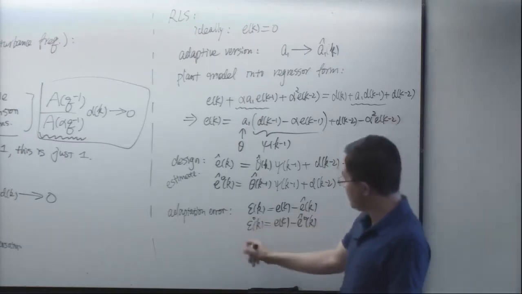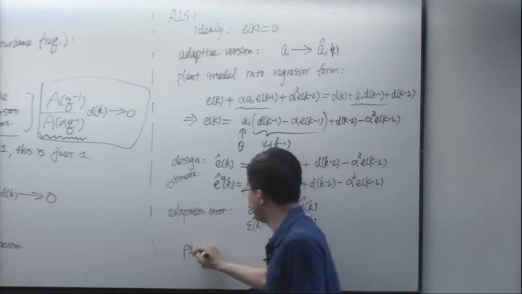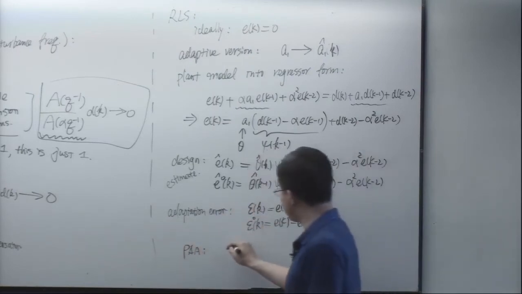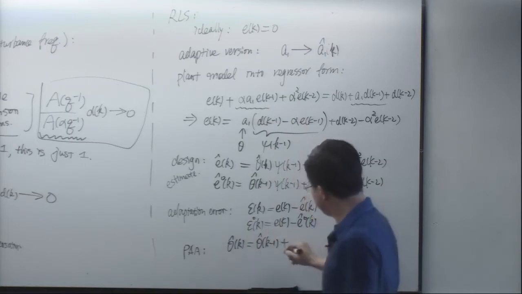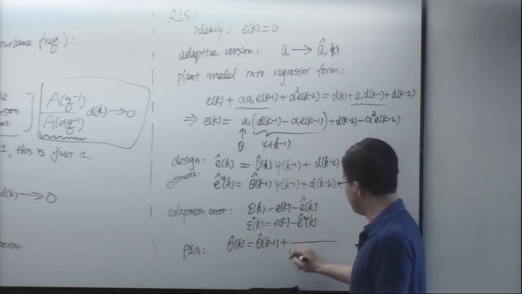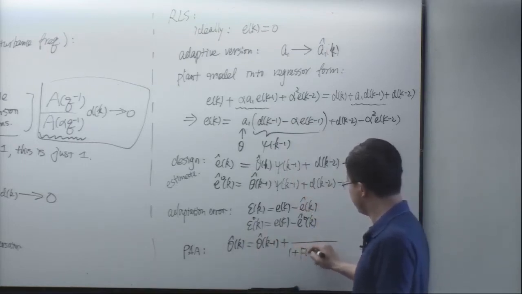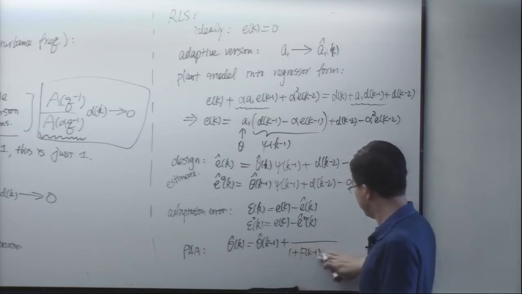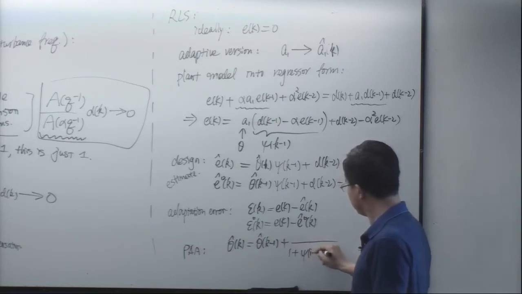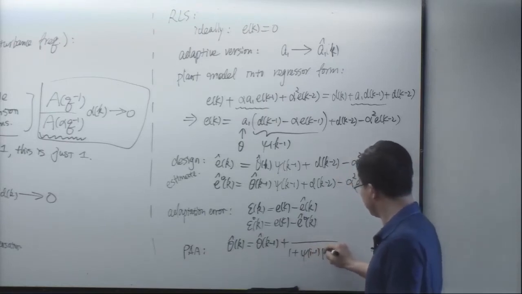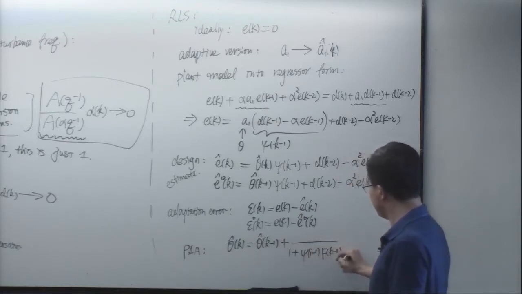And then the adaptation PAA, the recursive least squares, is going to be theta plus 1 plus f, so it's the usual form.